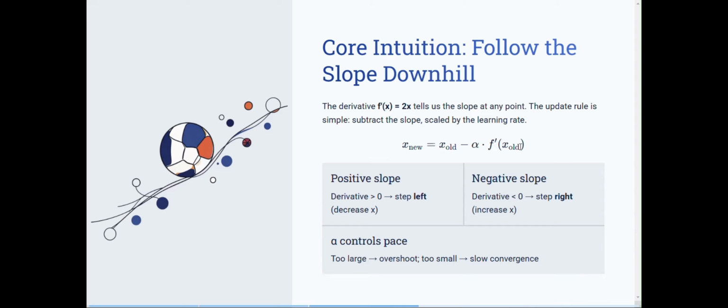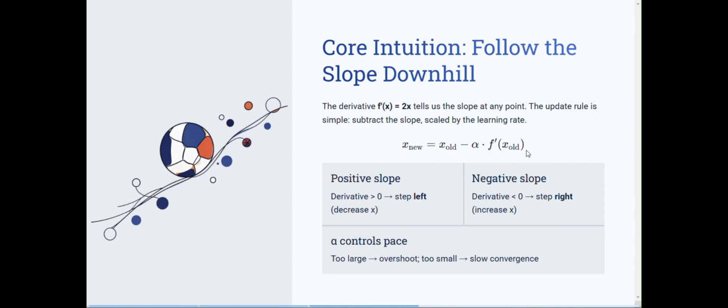And the update rule is then x new is equal to x old, which is the old value of x, minus alpha, which is the learning rate, times the derivative at the old x. So this is the main formula that we would be using.